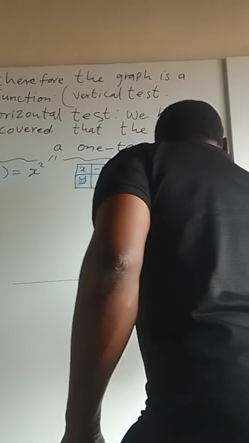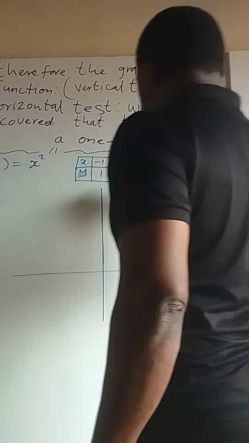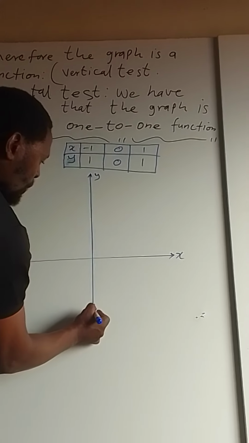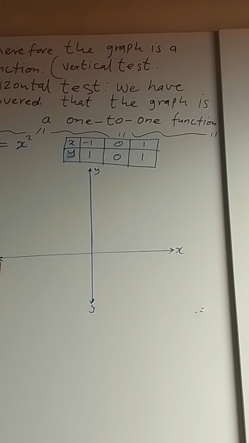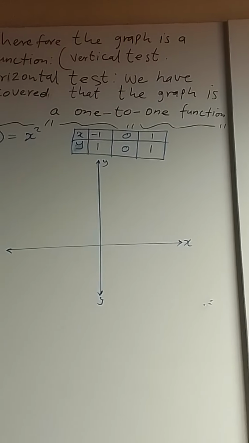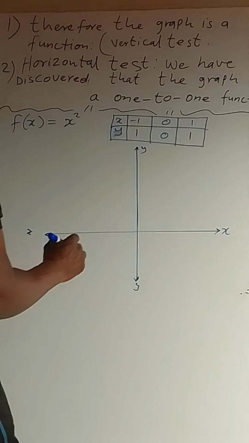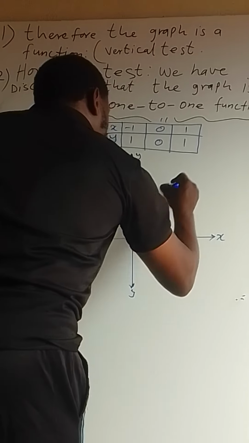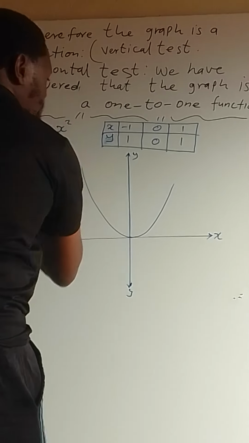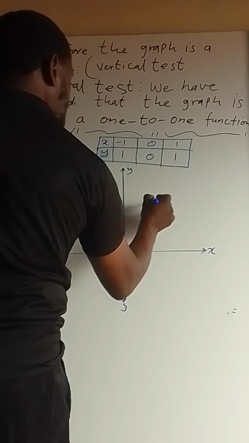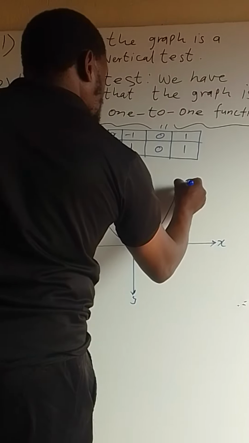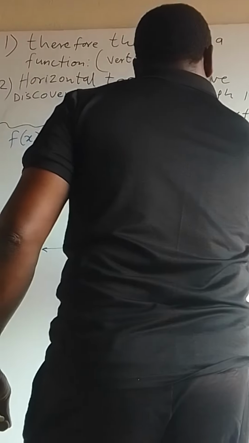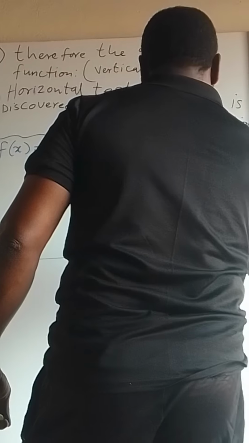This is our x values, by the way. This is our y values. Now, this kind of value is going to go like this. This is the function f(x) = x squared.